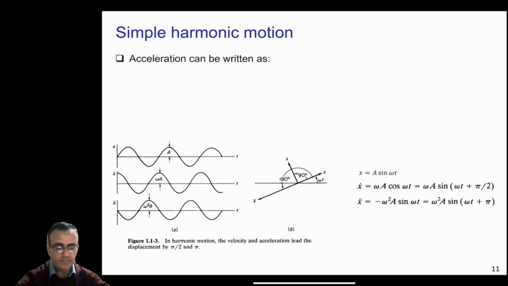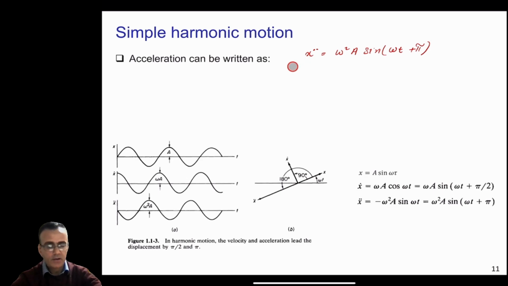Okay, now again, we know that the acceleration here, which is x double dot, was omega square a sine omega t plus pi here. So we can also write the acceleration as minus omega square a sine omega t, and we know that x was equal to a sine omega t here.